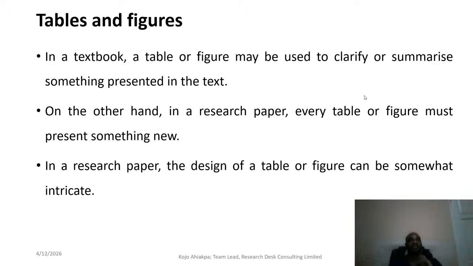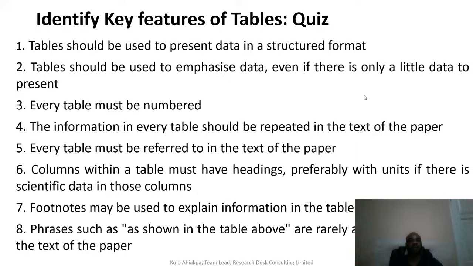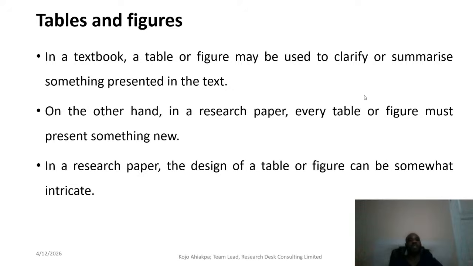Now, in your research writing, these are the two major ways you present your results: tables, and charts or figures. In the classical textbook research writing, a table or figure is used to summarize what's already presented in the text. But in a research paper, it's completely different.